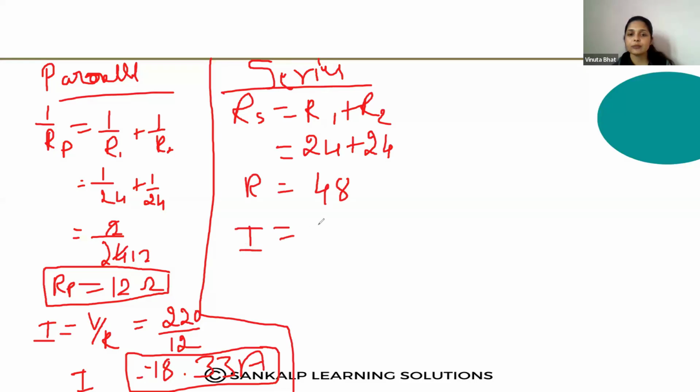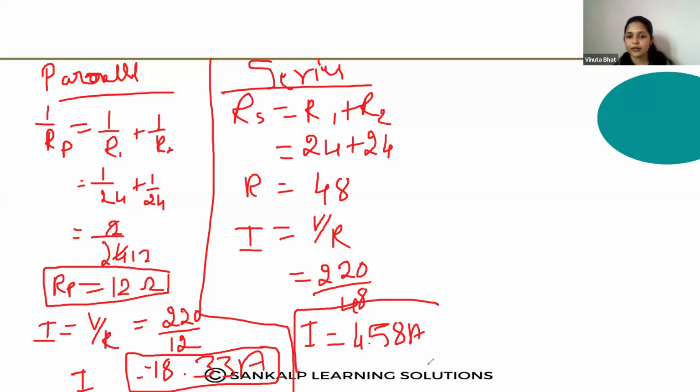I is equal to V by R, that is 220 volt divided by 48 ohm in case of the series connection. 220 divided by 48 is equal to 4.58 ampere. That is the value of I when they are connected in series.